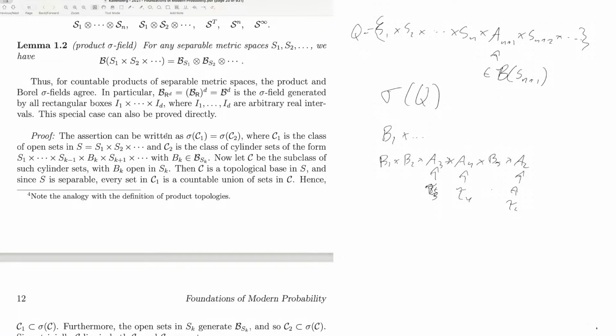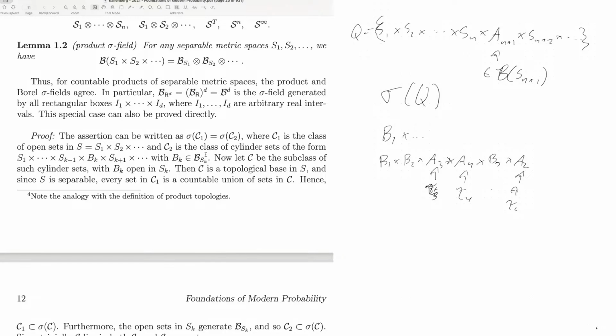All right, but for a countable product, take C1. We want to show that the smallest sigma algebra containing C1 is equal to the smallest sigma algebra containing C2, where C1 is the class of open sets in the product. Okay, so that's what we were talking about before. And C2 is the class of cylinder sets of this.